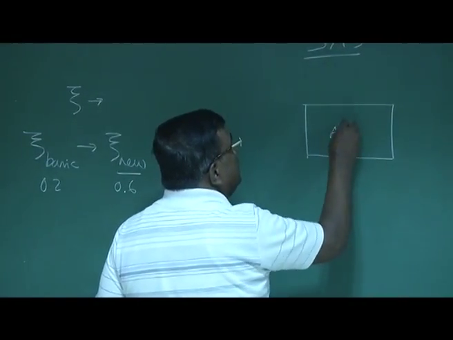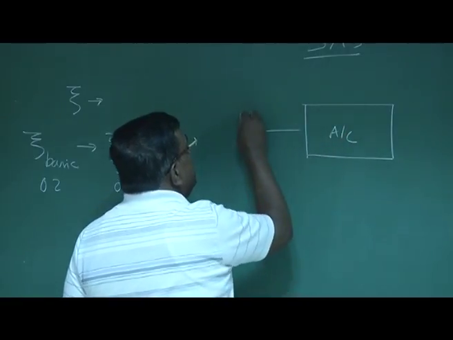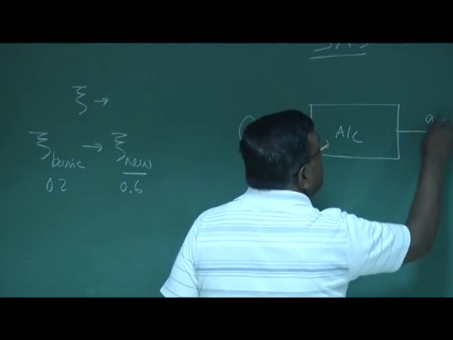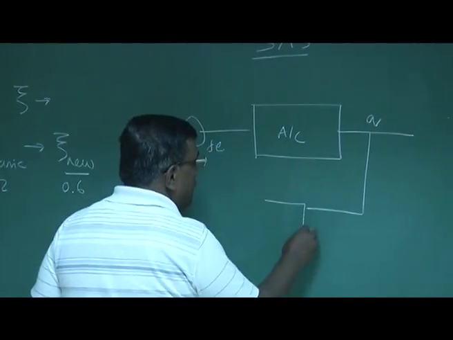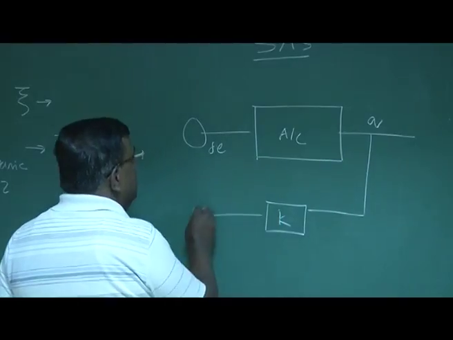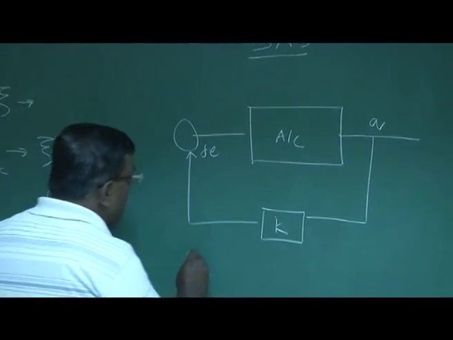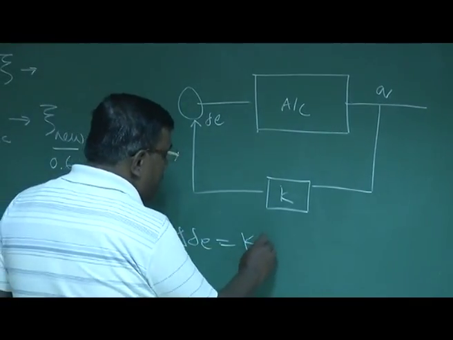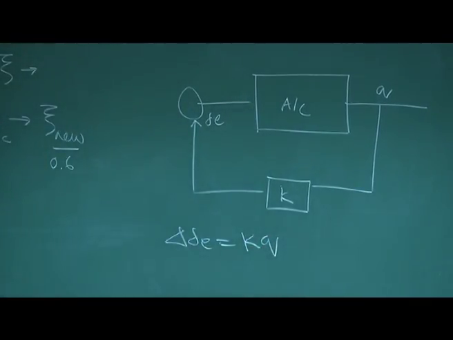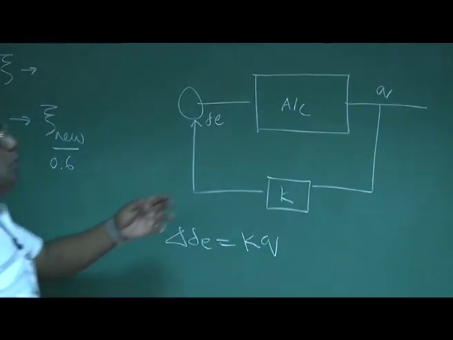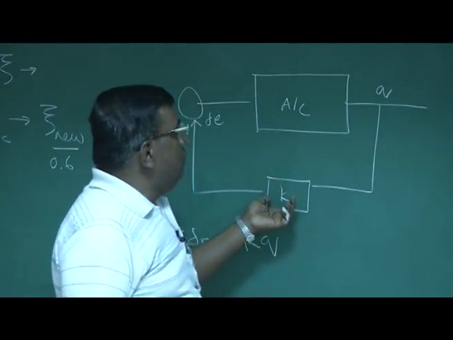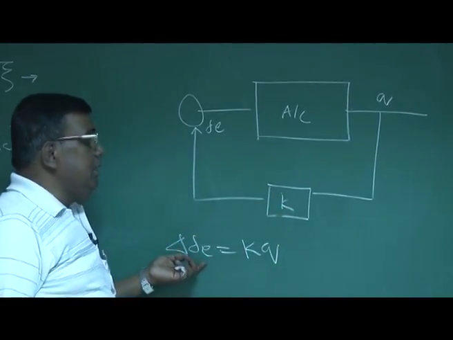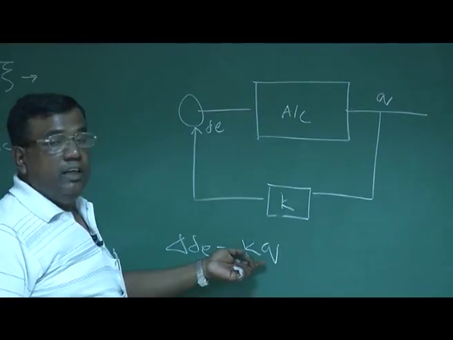This is the aircraft, and this is again delta E, and this is Q, this is K. What I am doing now is giving an additional deflection proportional to Q. I sense Q through a rate gyro, and through a constant I multiply and ensure that delta E is proportional to K Q.